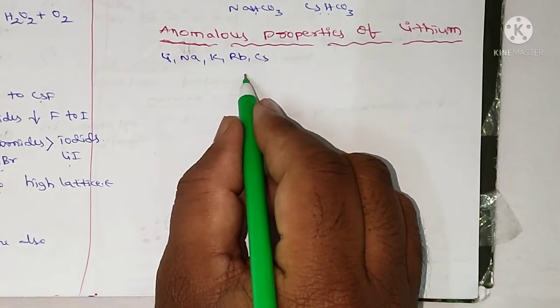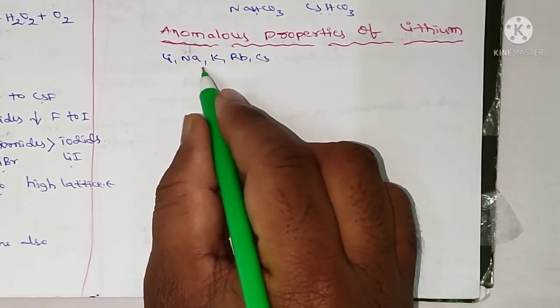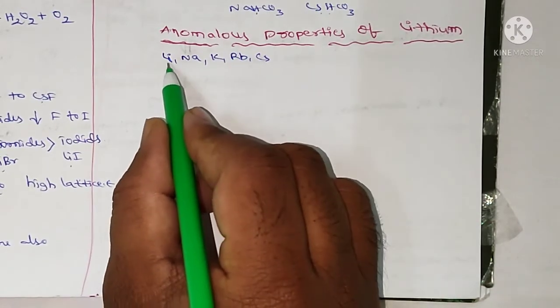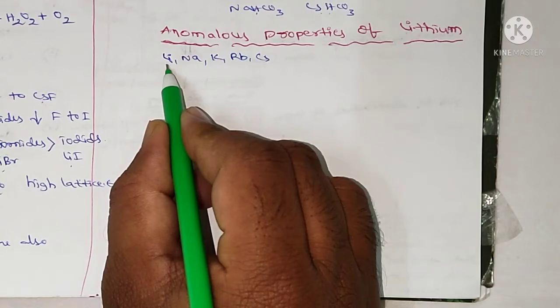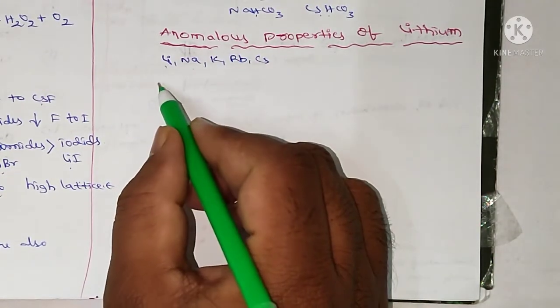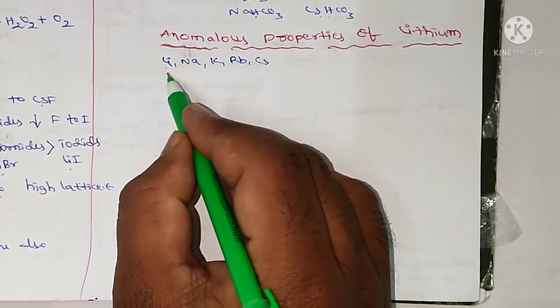These elements belong to the same group, that is group 1. So these metals should have the same properties, but lithium has different properties than the remaining metals. So here we are going to learn about the anomalous properties of lithium.